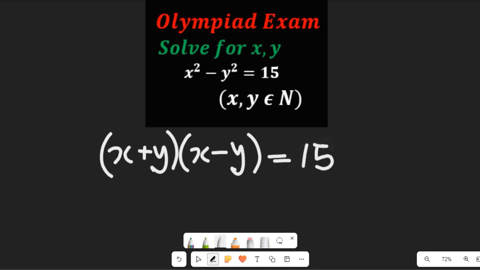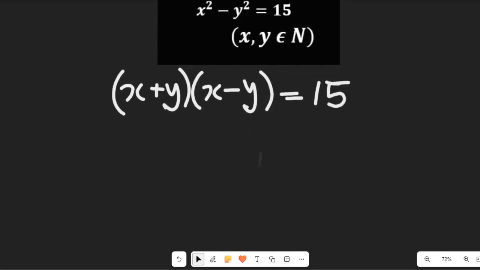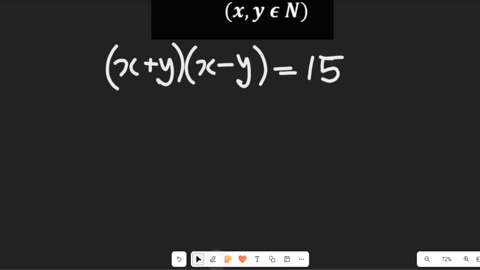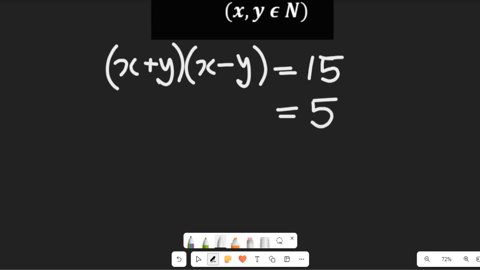Now, if we look at the factors of 15, you come to see that the factors of 15 can be 5 multiplied by 3. It can also be 15 multiplied by 1. Now, from this expression, you come to see that x plus y definitely is greater than x minus y.